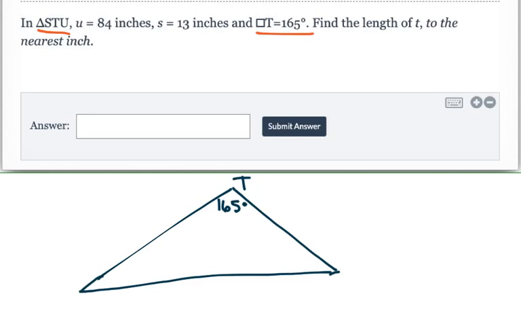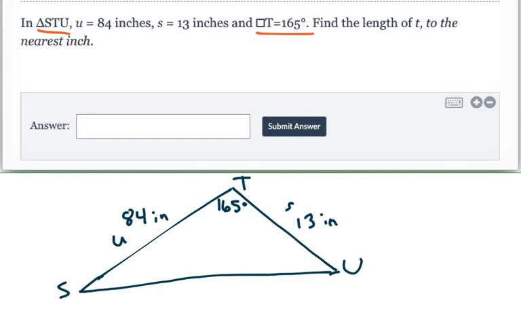But this is STU. And we know that this side over here is going to be little s, and we know that little s is 13 inches long. And we know that U is 84 inches long.